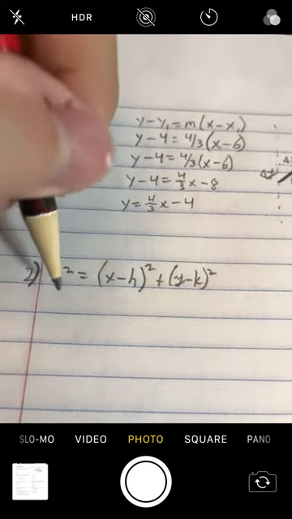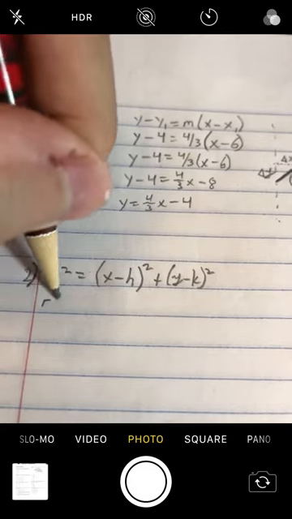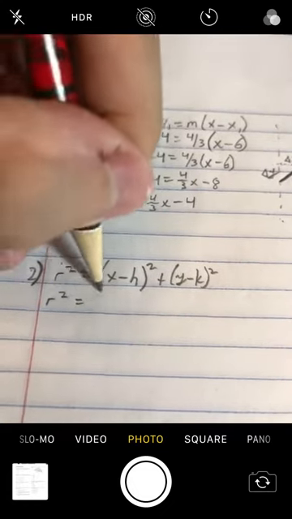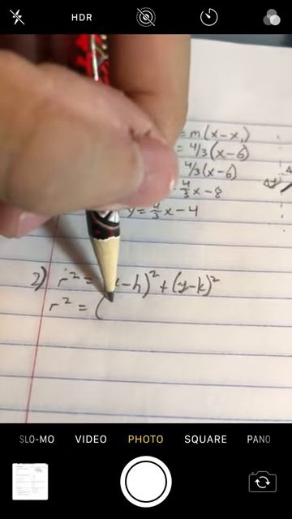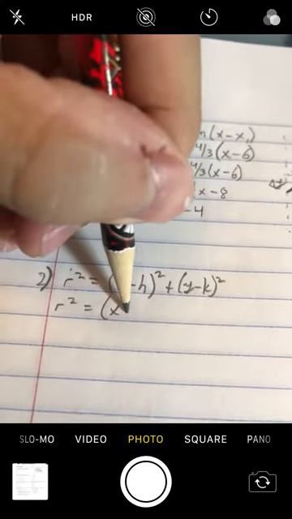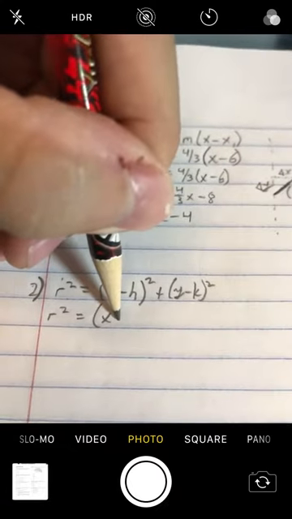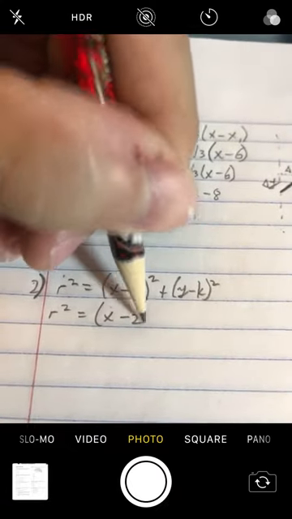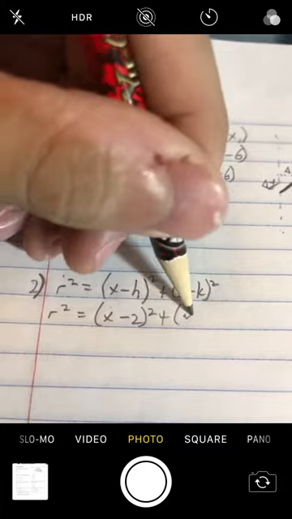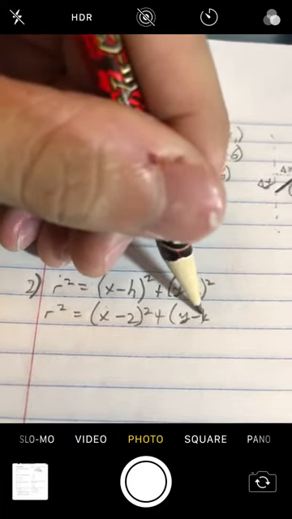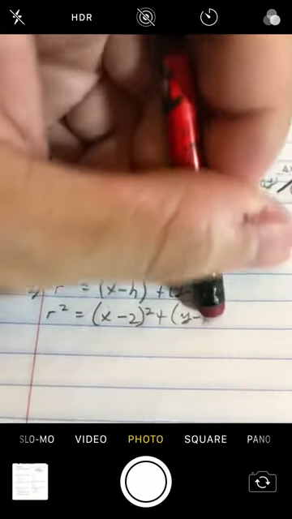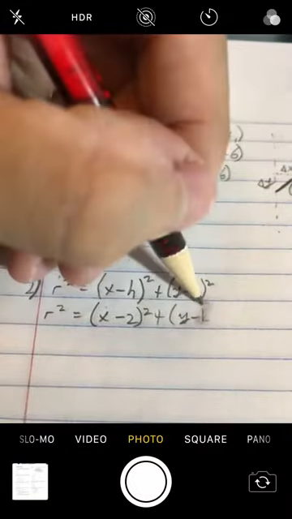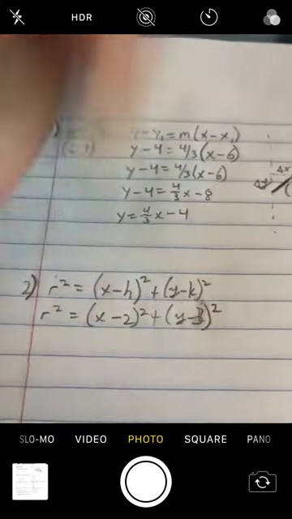So let's worry about the center (h, k) first, because that's a little bit easier to handle. Our center was (2, 3). So we've got (x minus 2) squared plus (y minus 3) squared.